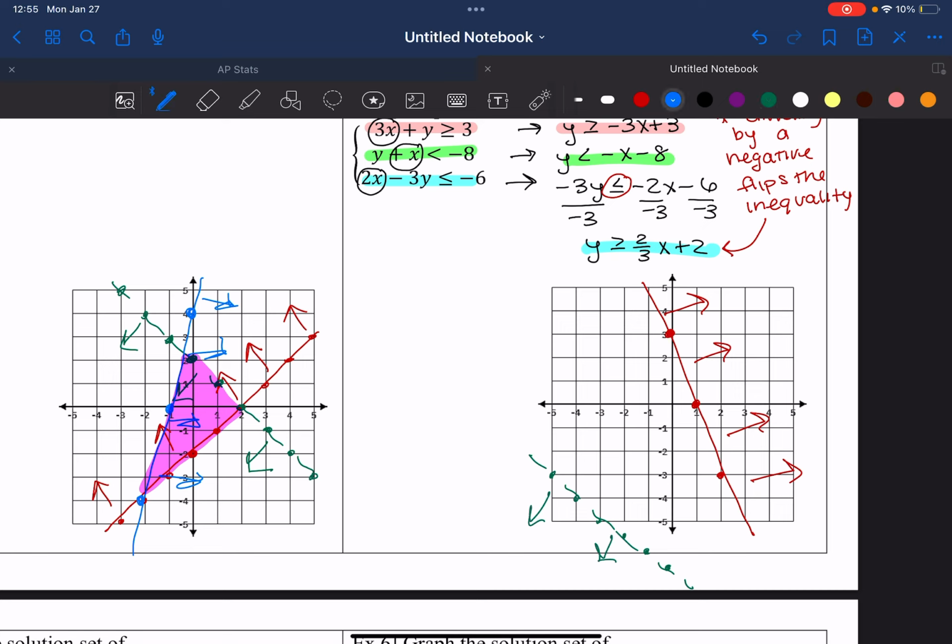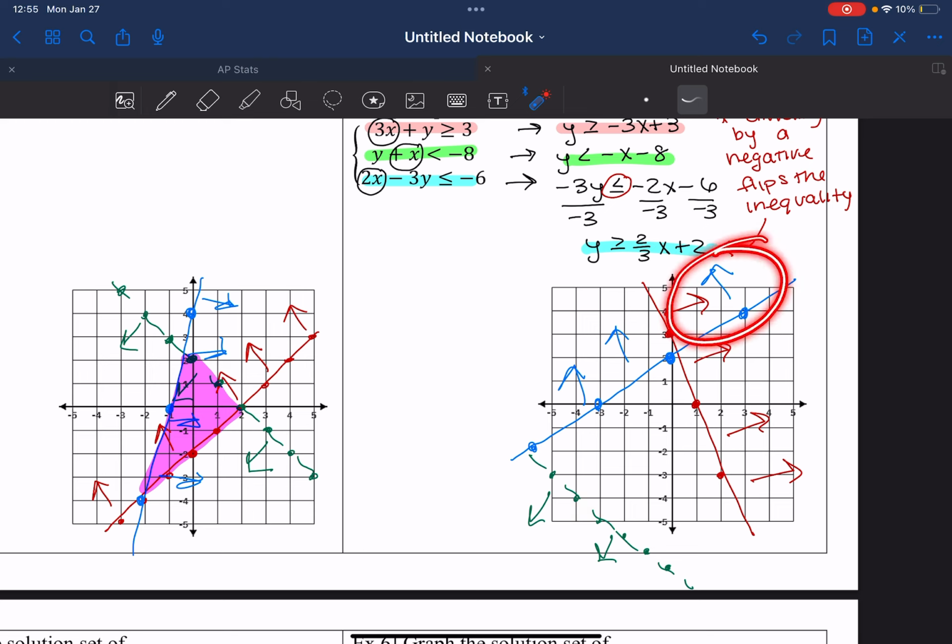Lastly, I have that 2/3 x plus 2, so plus 2. And then I'm going to go up 2, right 3, or down 2, left 3, down 2, left 3. And this is greater than or equal to, so I have a solid line where it is going up. Okay, well that's strange. Notice how these ones are going up, these ones are going up, and these ones are going down.